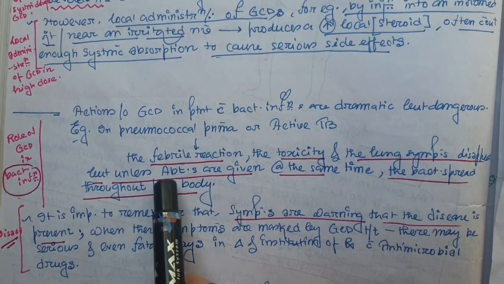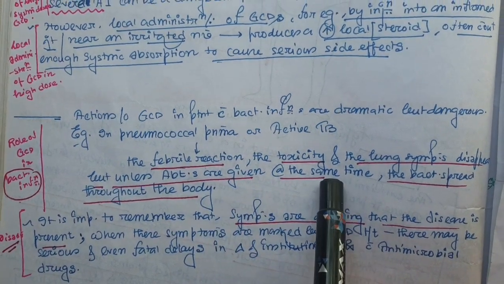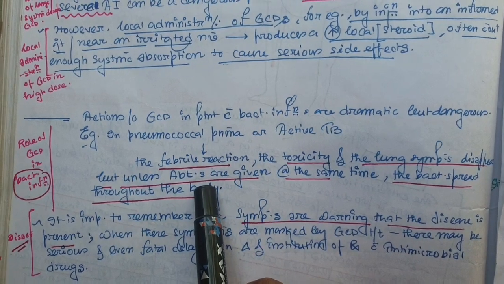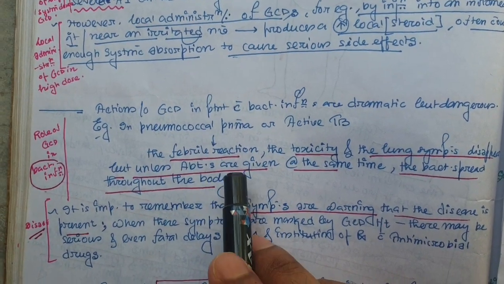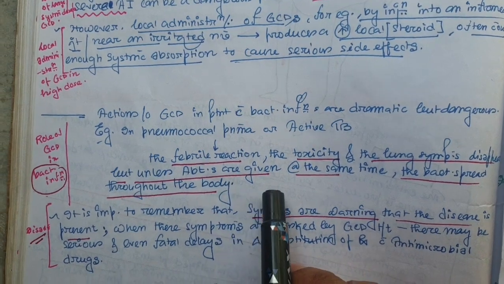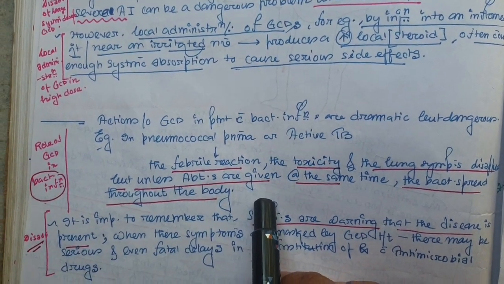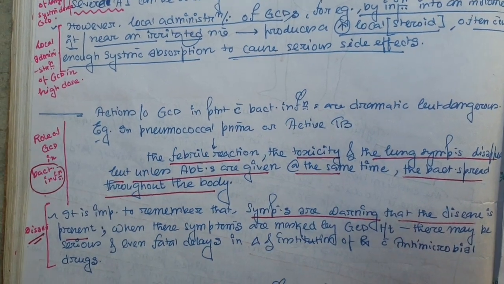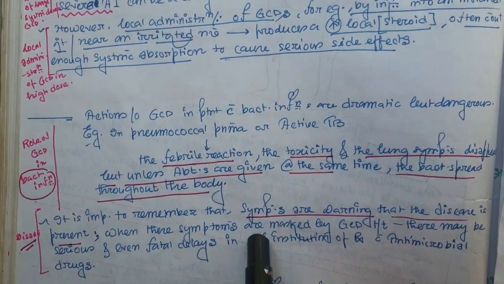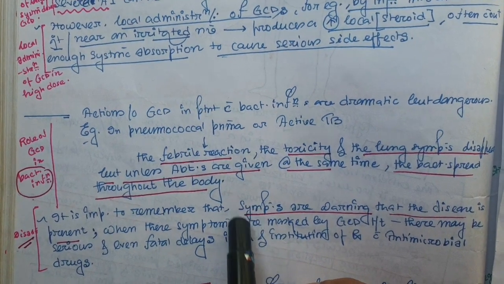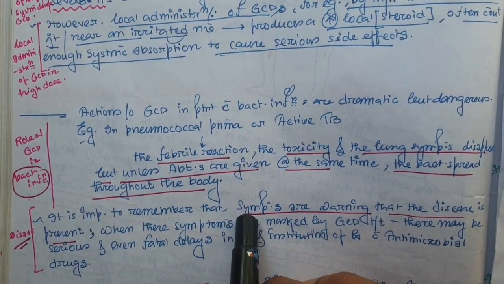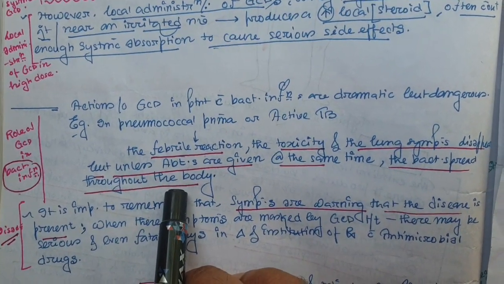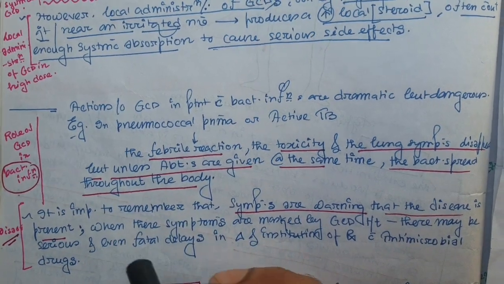But unless antibiotics are given at the same time, bacterial spread occurs throughout the body, because glucocorticoids are very much immunosuppressant. They remove the symptoms of the bacterial infection, but they also inhibit the systemic immune response against it, so the bacteria spread throughout the body, and there may be a chance of septicemia.